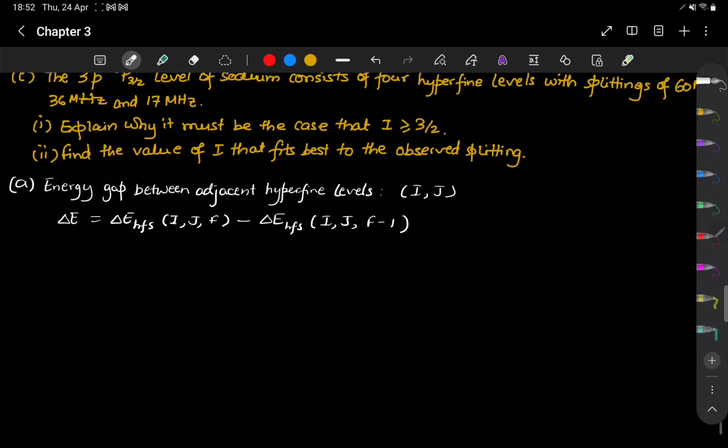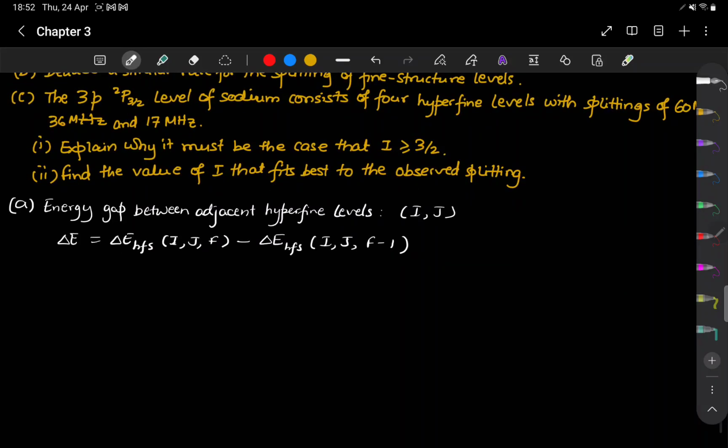And we know that this delta E for hyperfine splitting, we are given, this is a constant which is j dependent, h cross squared over 2 times F into F plus 1 minus j into j plus 1 minus I into I plus 1.